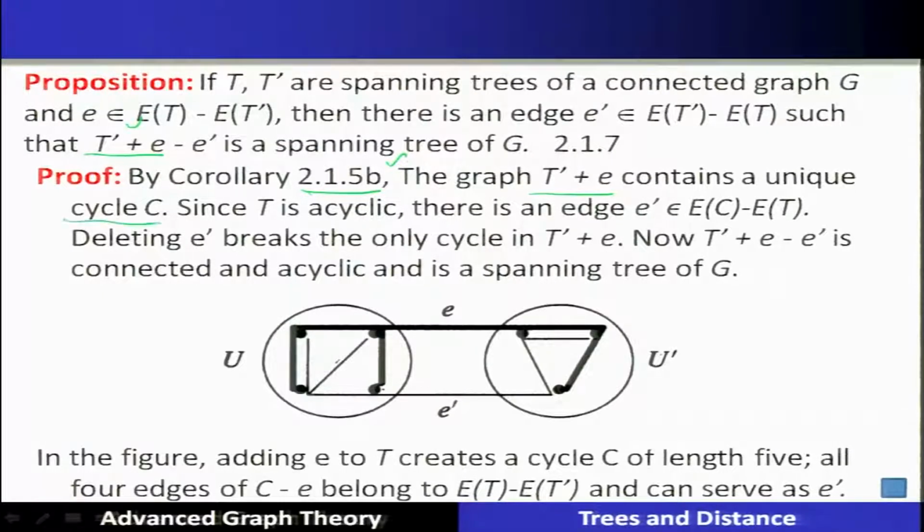Let us say this cycle is C. Now since T is acyclic, there is an edge E prime in the cycle that is not in T. Hence, removing E prime breaks only the cycle in T prime plus E. So T prime plus E minus E prime is connected and acyclic, and is also a spanning tree of G.